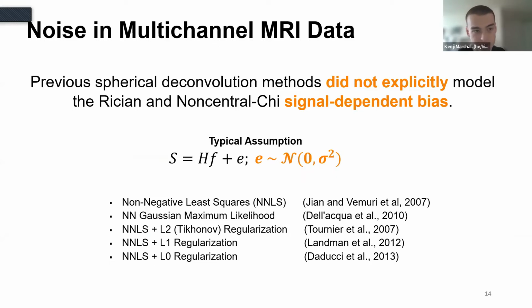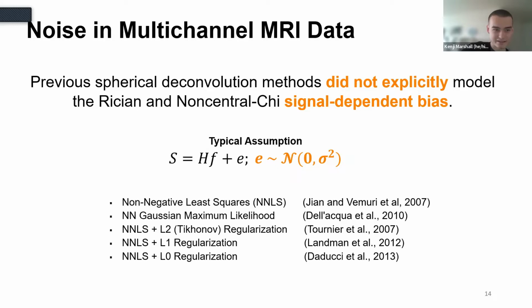In fact, they typically assume that the noise follows a zero mean normal distribution. And we just went over the fact that the distributions have a non-zero mean and they're asymmetric. So you can see where there's a bit of a mismatch between assumptions and reality.